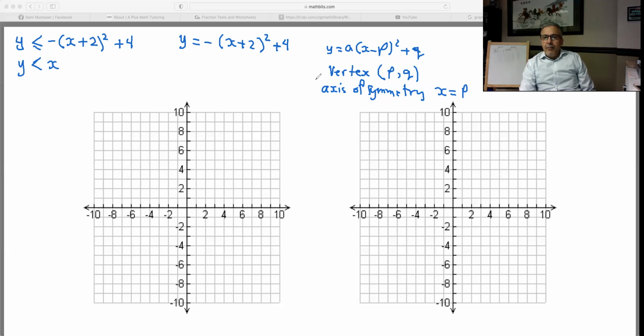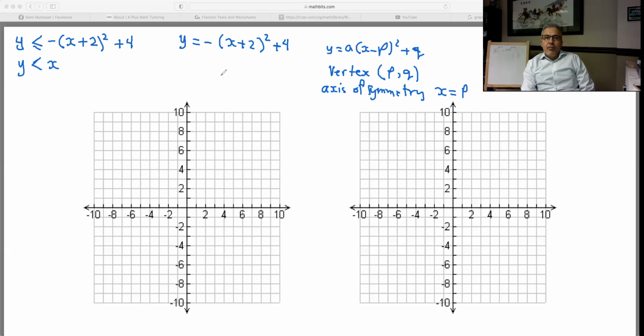Also, a controls expansion and compression of the parabola, usually vertically. If it's expanded vertically, it will shrink horizontally, and if it shrinks vertically, then it expands horizontally.